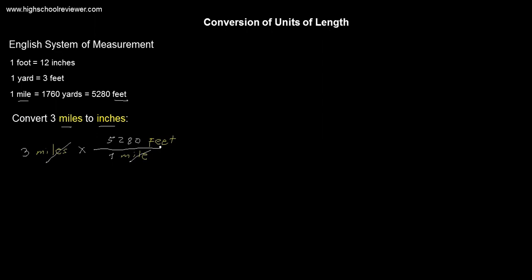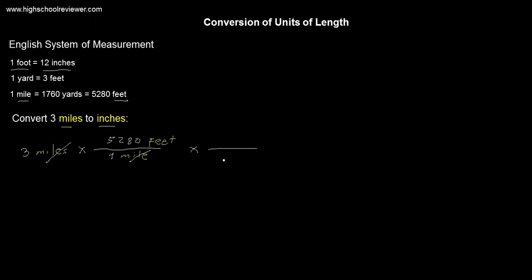But this is not our final unit. We need to convert feet to inches. What we need to do is that we are going to multiply again, and we will put another fraction. And we are going to put here the equivalent of 1 foot, that is equal to 12 inches.